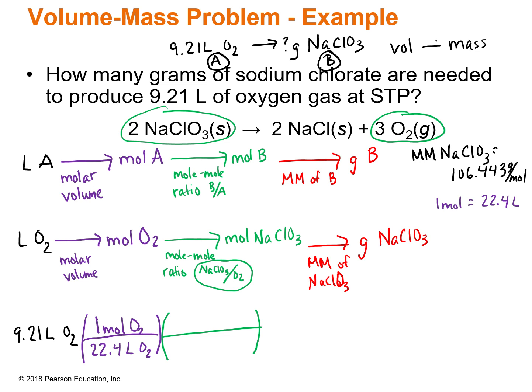There we go. The other way that you can think about this is you need to cancel out the moles of oxygen gas, right? So the oxygen gas has to go on the bottom. And for the mole-to-mole ratio, you're not creating anything new. You're just taking the numbers from the chemical equation.